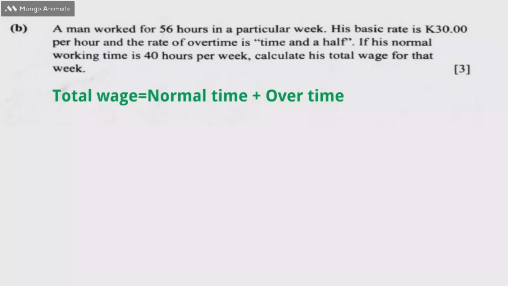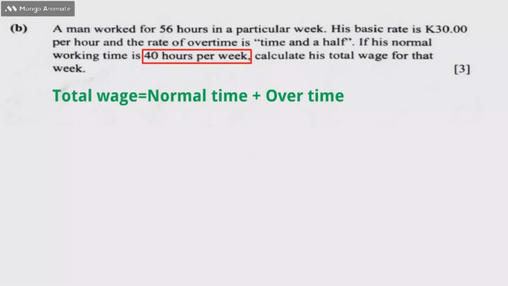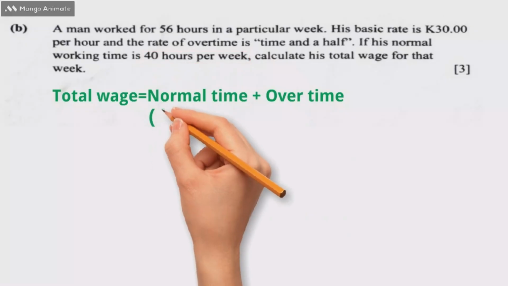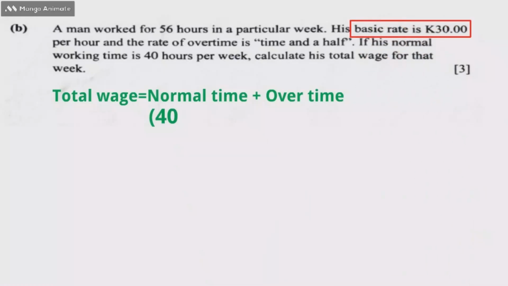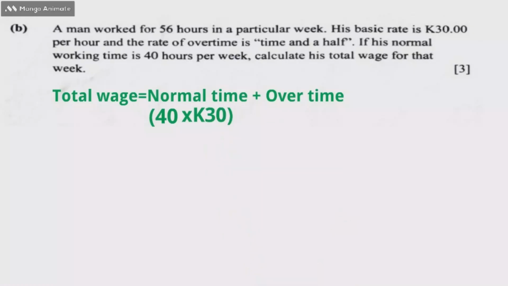We are told that the normal time per week is 40 hours, and the basic rate is 30 kwacha, so we have 40 times 30 kwacha, in brackets, then plus overtime.